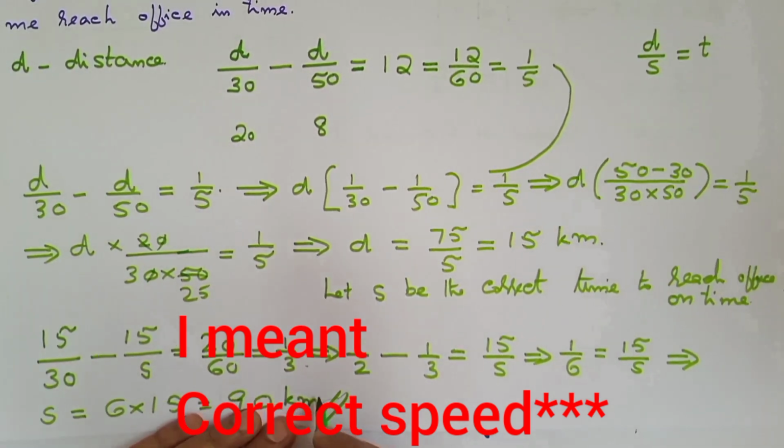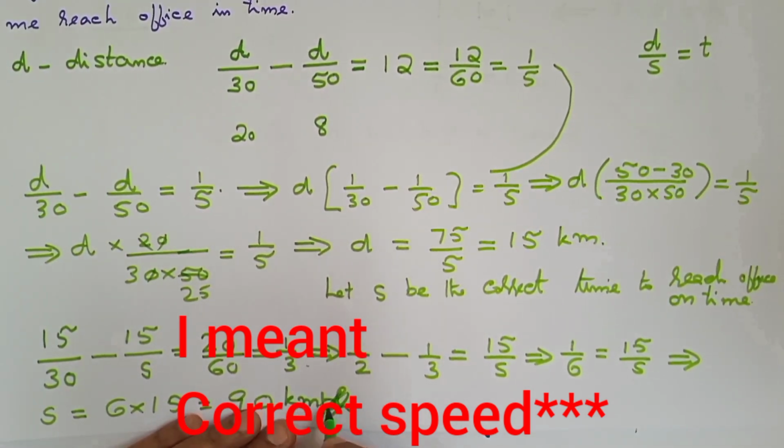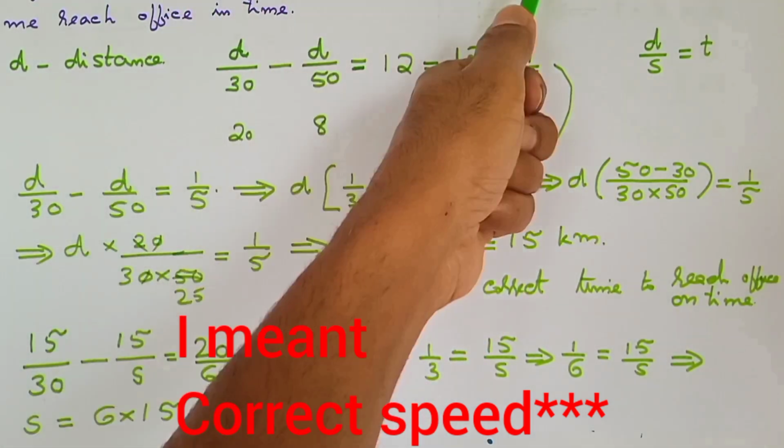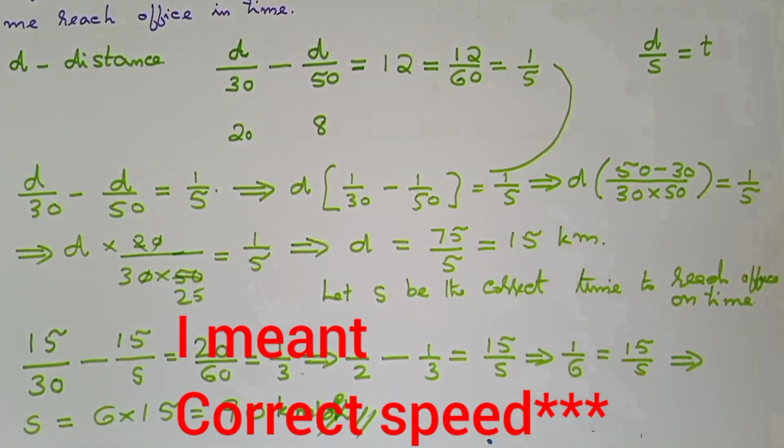Sorry, it's not kilometers, it's kilometers per hour. So he has to travel at 90 kilometers per hour to reach the office in time. See, look at this, 90 is more than both 30 and 50, which it should be, because even at 50 kilometers per hour, he is unable to reach the office on time. So anyway, that number should be more than 50, and we got it as 90. That's the final answer to the question.